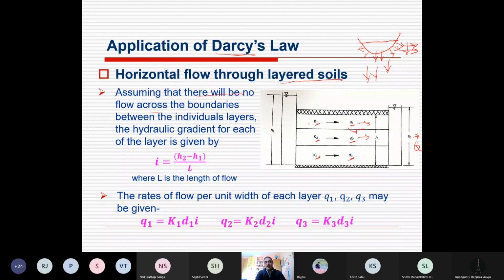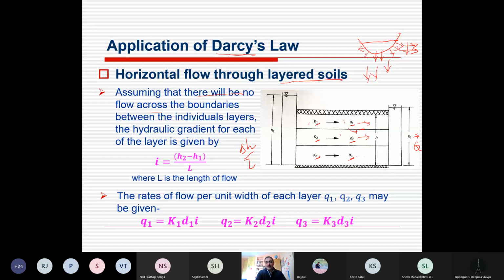Between the individual layers, the hydraulic gradient for each layer, I, is delta H by delta L, the difference between two points, not layers, two points.